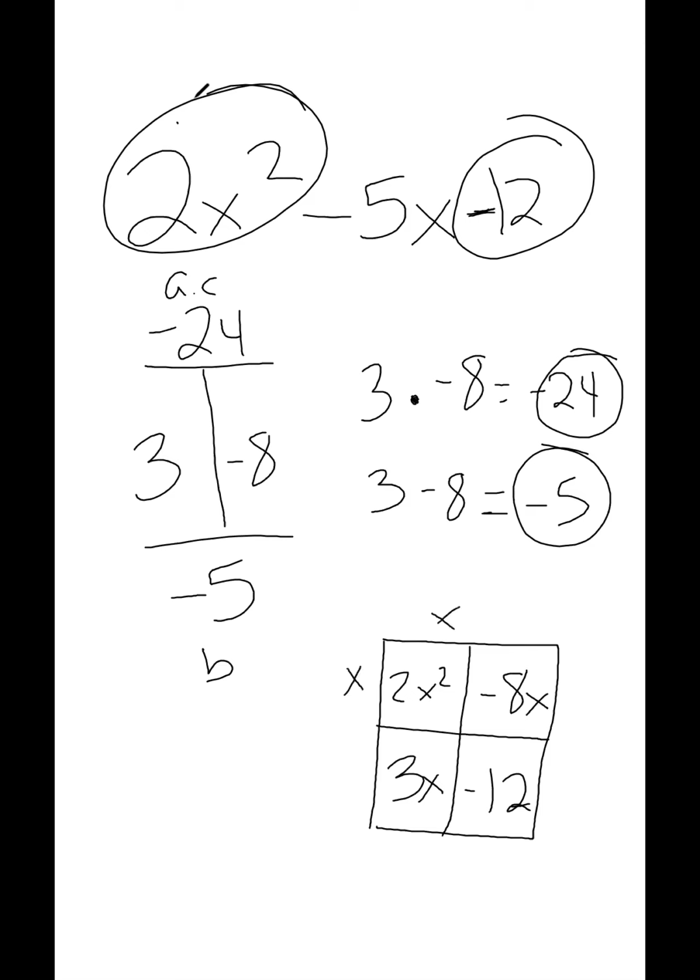Put my x here, my x here. 2 times 1 is 2. 2 times negative 4 is negative 8. 1 times 3 is 3. And 3 times negative 4 is negative 12. So now I have my factors.